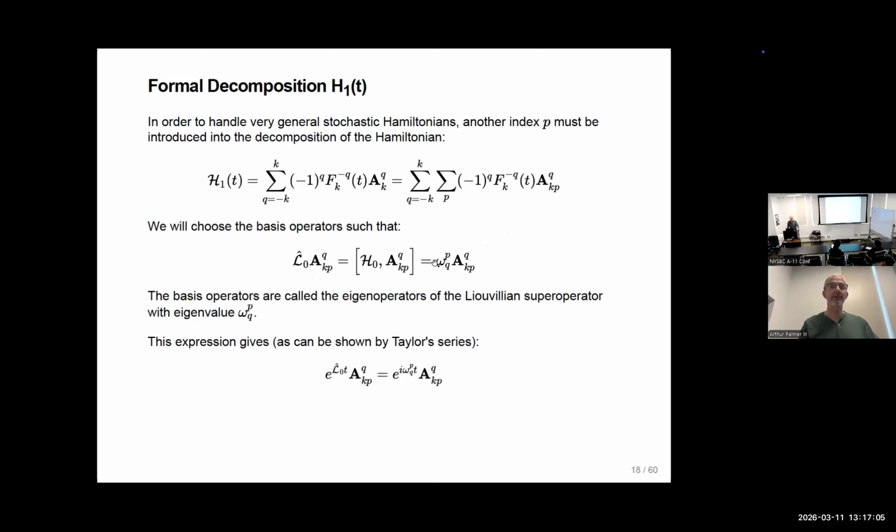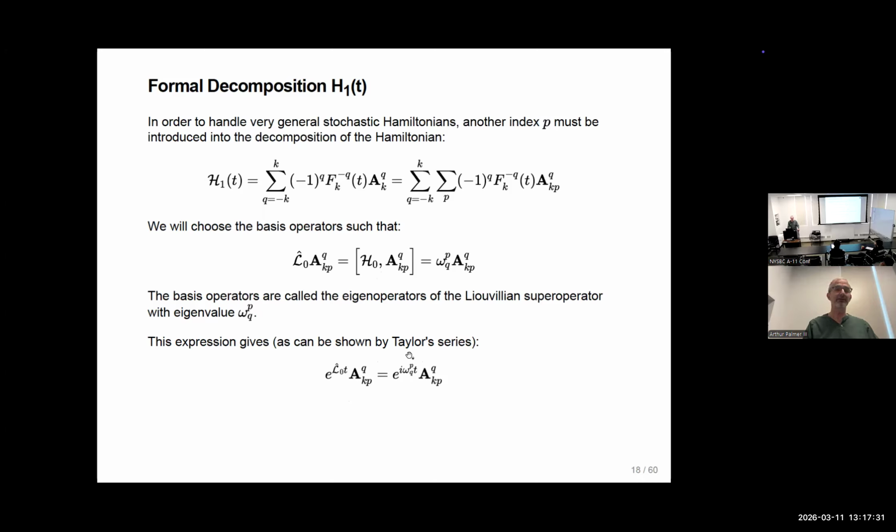And in fact, the way the spin operator got defined was to make the spin operators an eigenoperator of the commutation superoperator. That's what defines them. And we wanted to define them this way because that means that the interaction frame transformation is very simple.